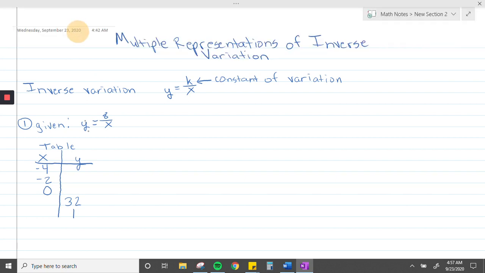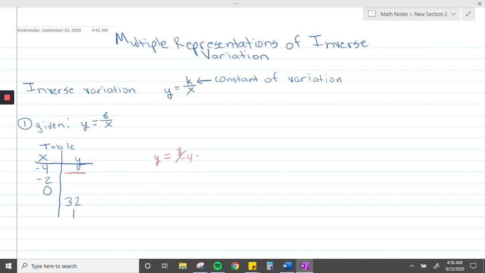So, using some of your old skills, we know the equation is y equals 8 over x. So, if I want to find out what y value goes here, I set up the equation y equals 8 over x, and x is negative 4 in this case.